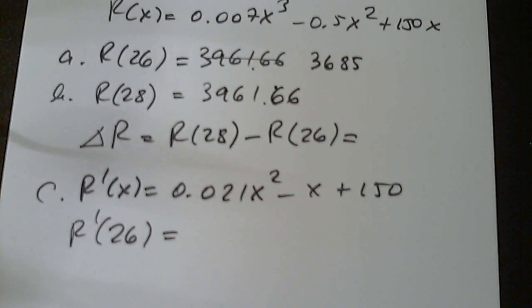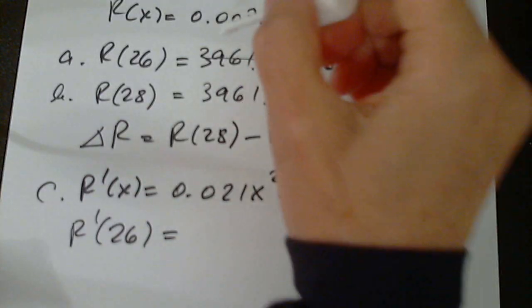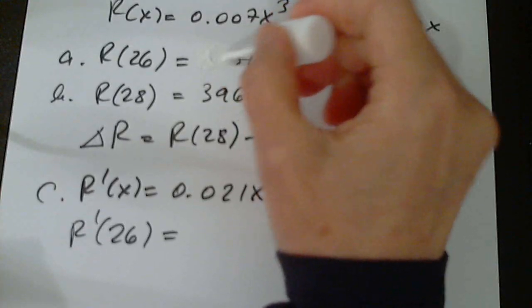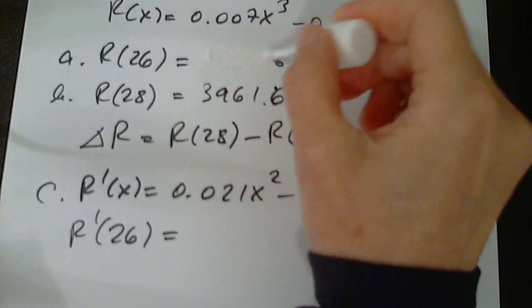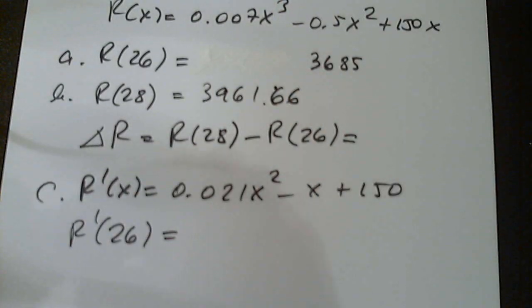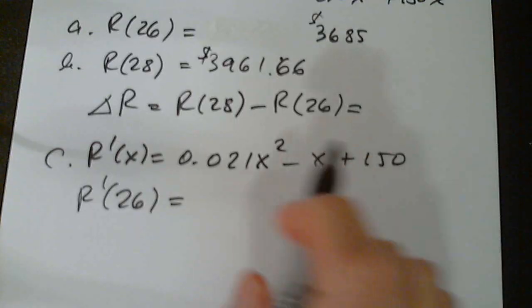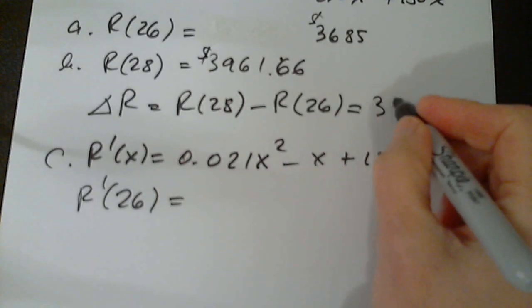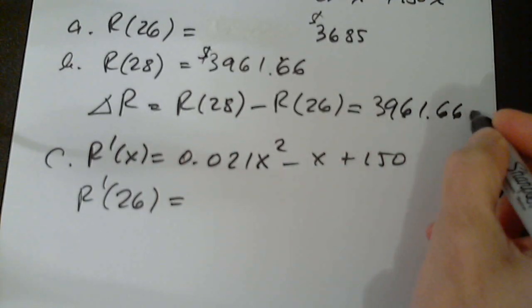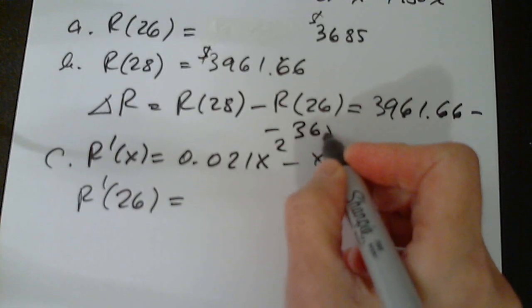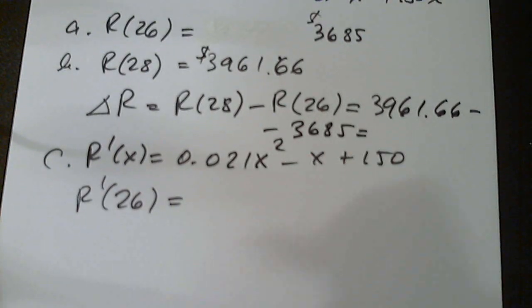And this is in dollars. Now the difference. So the difference will be 3961.66 minus 3685. That's the actual difference.